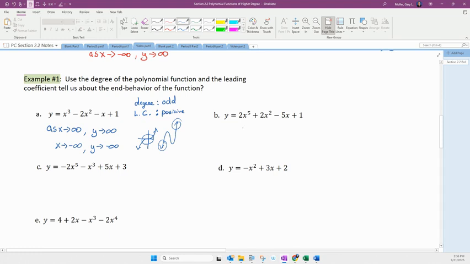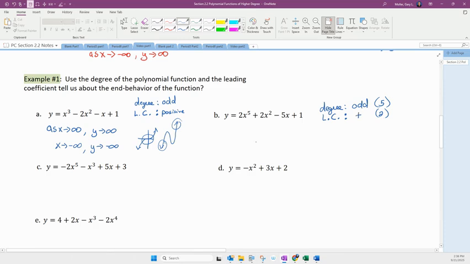All right, so part B, we have degree is odd, it's 5. And the leading coefficient would be 2, right? And so it's a positive.